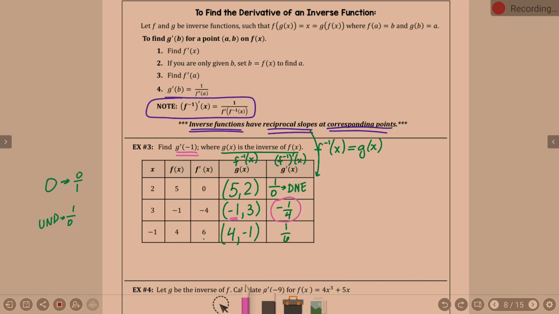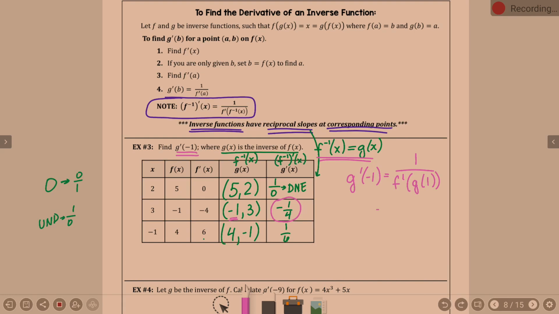Now, okay. The other thought, and I was just debating if I want to take you through the formula real quick, we could use this formula just as well, because if we were asked to find g prime of negative 1, keeping in mind that f inverse is g, so if we use that formula, g prime of negative 1 is going to be 1 over f prime, and instead of f inverse, I'm going to say g of negative 1.